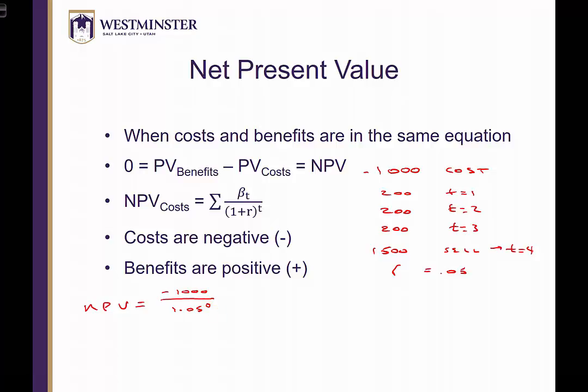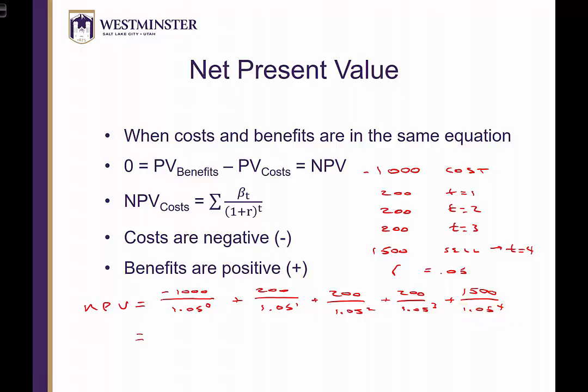And what we're going to see then is when we have a value that's got a signature of time 0, we know that any value to the exponent of 0 is going to equal 1. So a $1,000 cost that happens now is going to be 1,000. But in this case, we're also going to receive $200 at the end of the first year, and $200 at the end of the second, and $200 at the end of the third year. And then finally, we're going to receive $1,500 at the end of the 4th year.